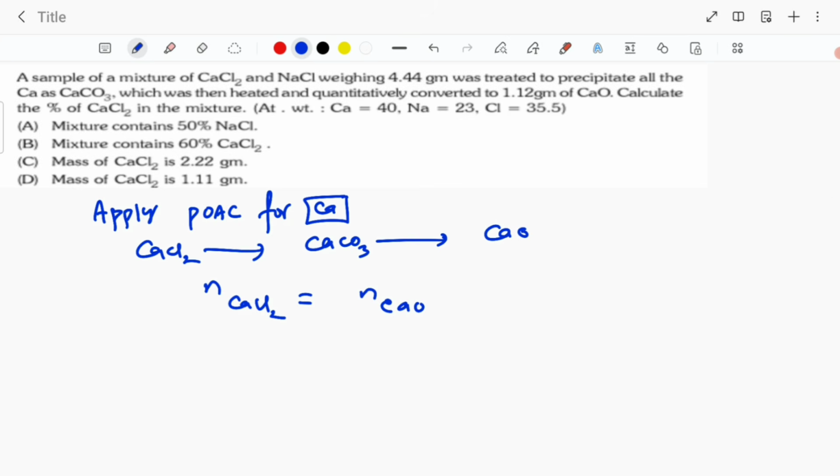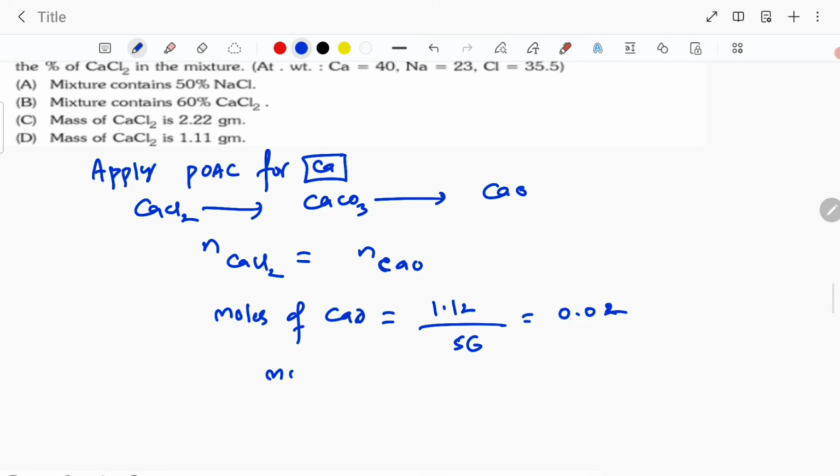So moles of CaO is equal to 1.12 grams of CaO divided by its molar mass, 56. So you will get 0.02. So moles of CaCl2 is equal to 0.02.